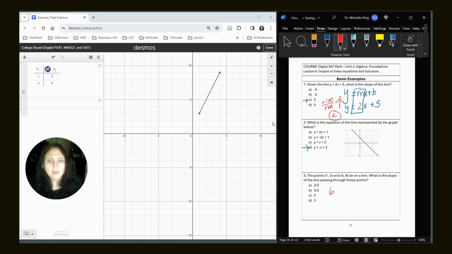And then from here, I go 1, 2, 3 over 3 spaces. 6 divided by 3 is 2. That is my slope. Now, I also could have picked another point, but that's the best option, honestly. So 6 over 3 equals 2.